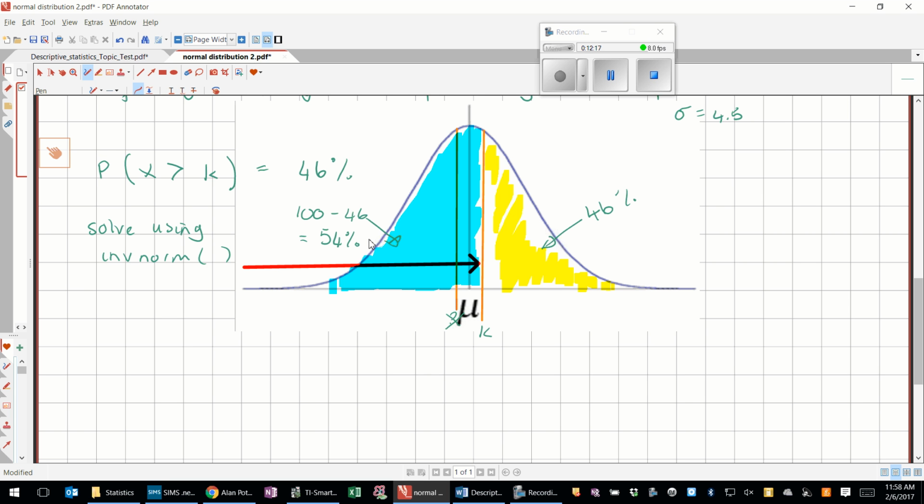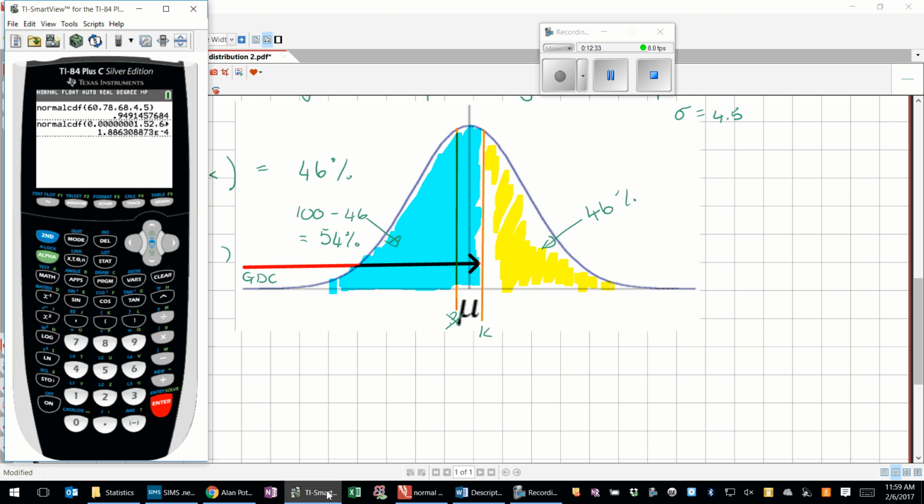Because the calculator, the GDC, works left to right. So if I want greater than, I've got to interpret that value. If we look at our calculator, we've got second bars, this time inverse normal.